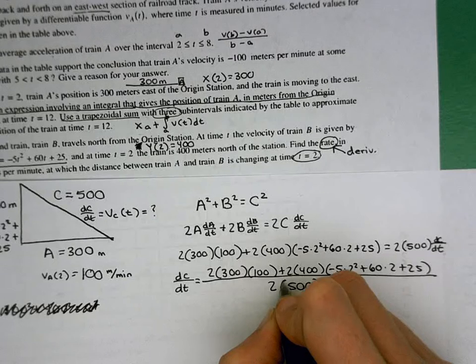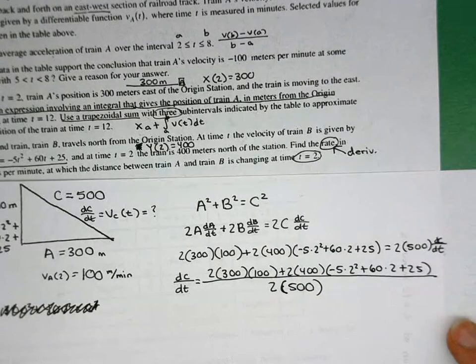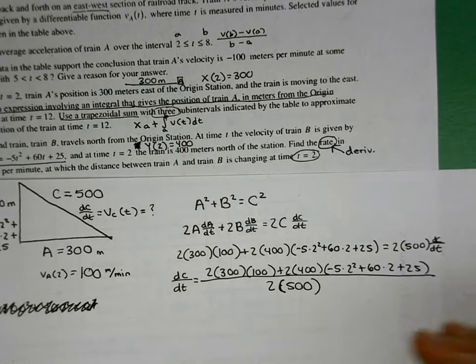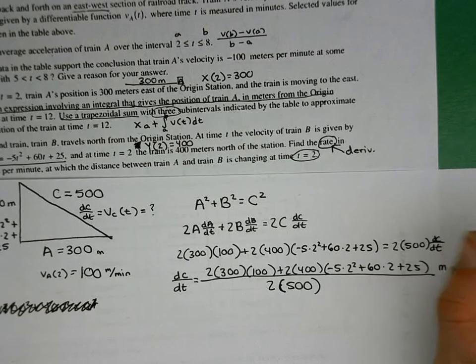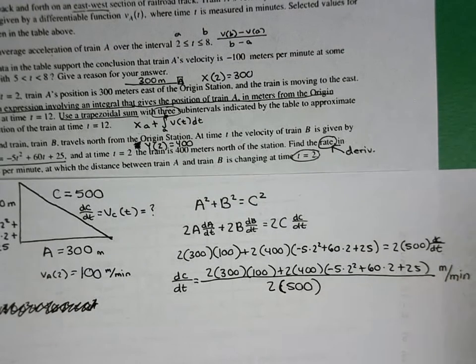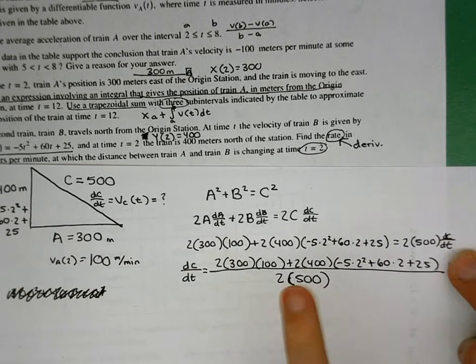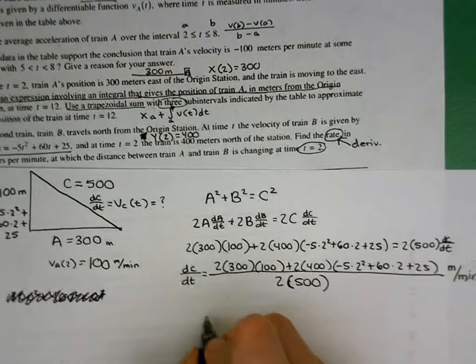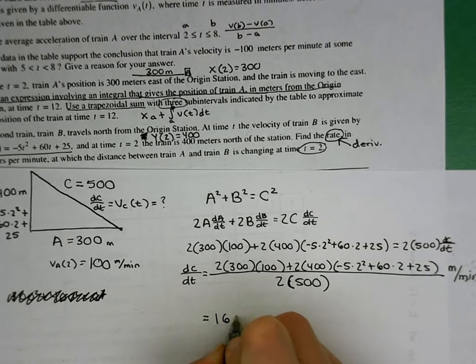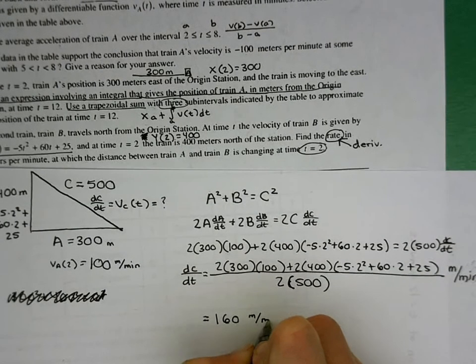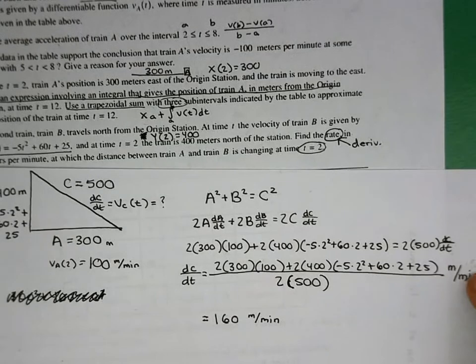Let's put it in parentheses actually. Okay. And this would of course be meters per minute in terms of units. Again, I wouldn't simplify any further. This gets you that answer. If you were to simplify all the way, this would take us down to 160 meters per minute. Okay? And there you go.